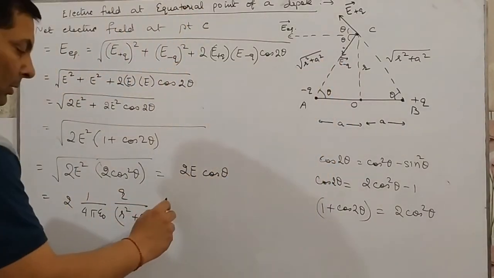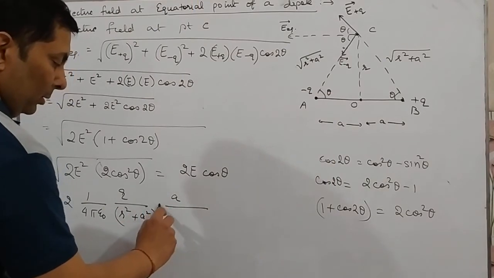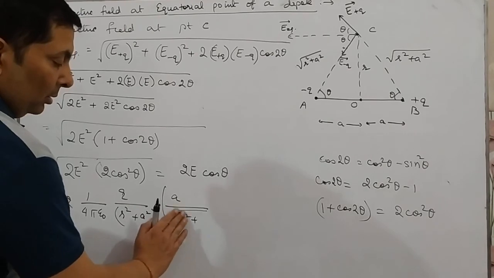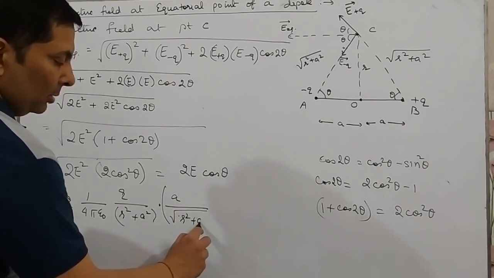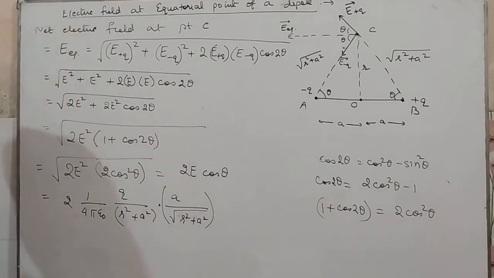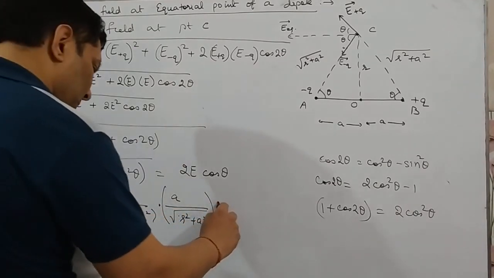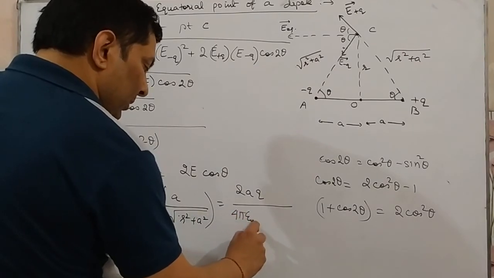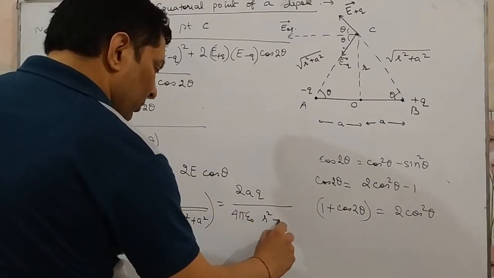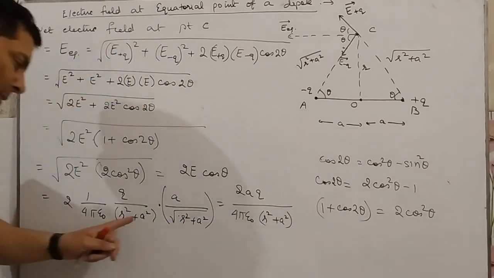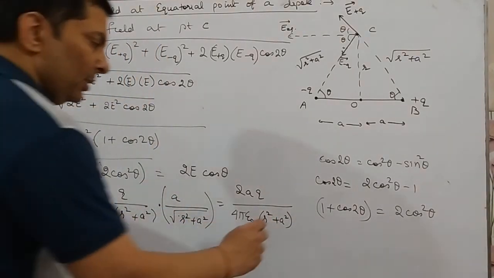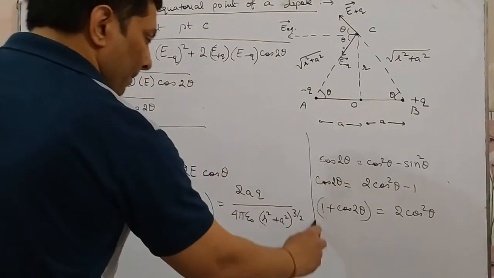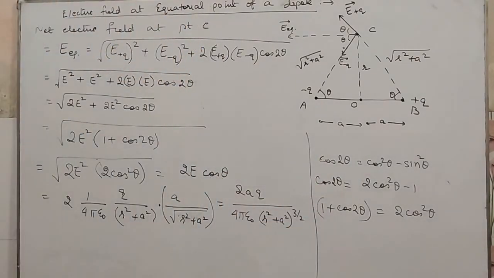So the base is A and the hypotenuse is the square root of R squared plus A squared. The overall result is 2A Q upon 4 pi epsilon naught times R squared plus A squared. You can see here this is power 1, this is power half, so the result is 1 plus half, that is 3 by 2. Fine. Next.